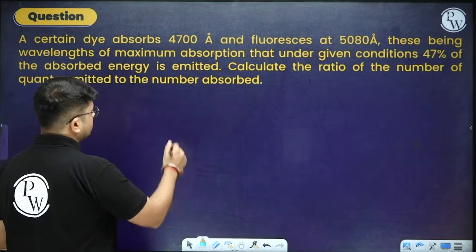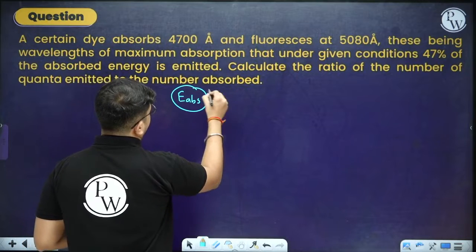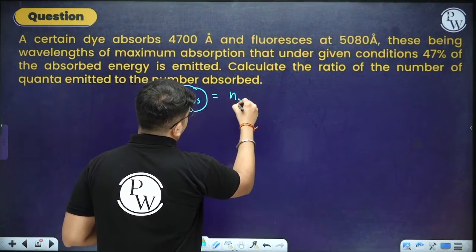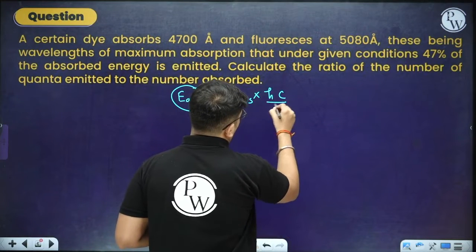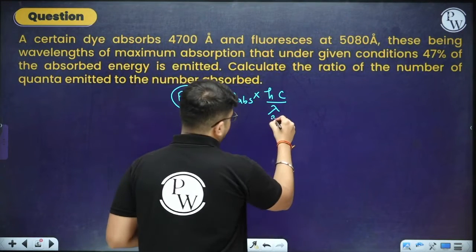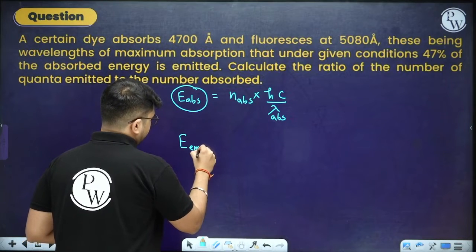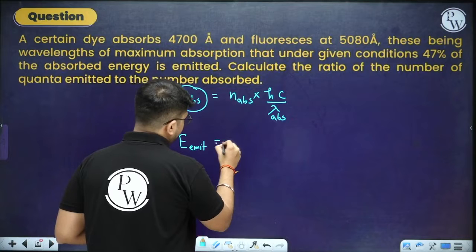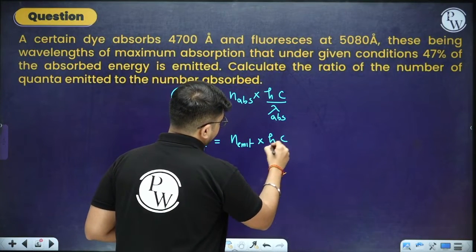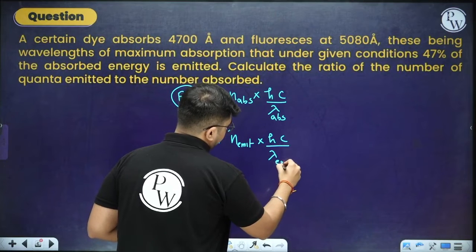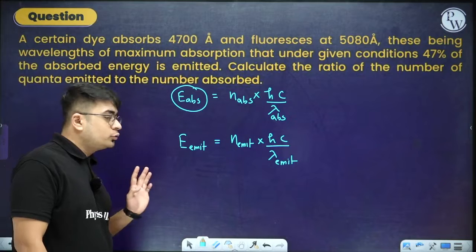So basically, energy absorbed will be equal to n absorbed multiplied by hc upon lambda absorbed. Now energy emitted will be equal to n emitted multiplied by hc upon lambda emitted. So these are the two formulas we are going to use in this case.